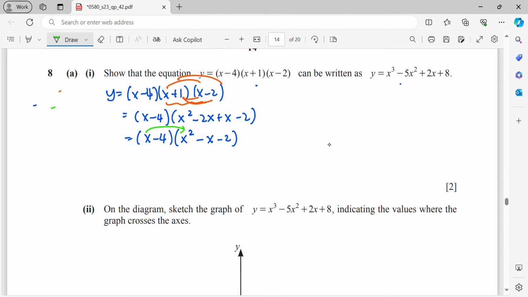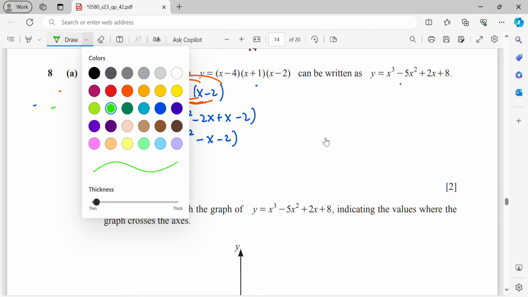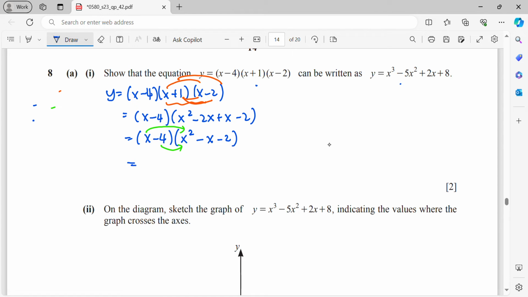X multiply with all the terms inside the second bracket and followed by minus 4 multiplied with the second bracket. Then from here, I will be getting x cubed minus x squared minus 2x. And then the minus 4 multiplied with x squared will be minus 4x squared. Then plus 4x plus 8. And now when you simplify, it will be x cubed.